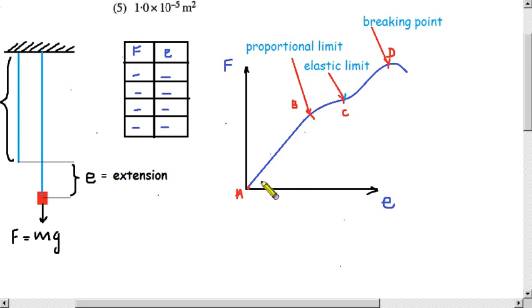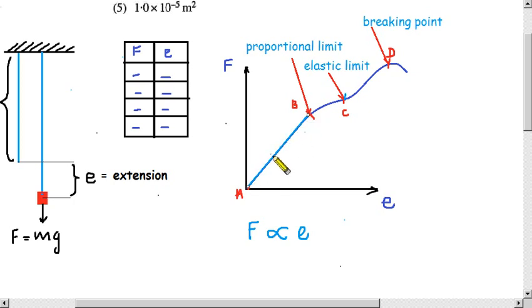So children, since this region is proportional, that means F is directly proportional to the extension e, because that region has a linear shape.